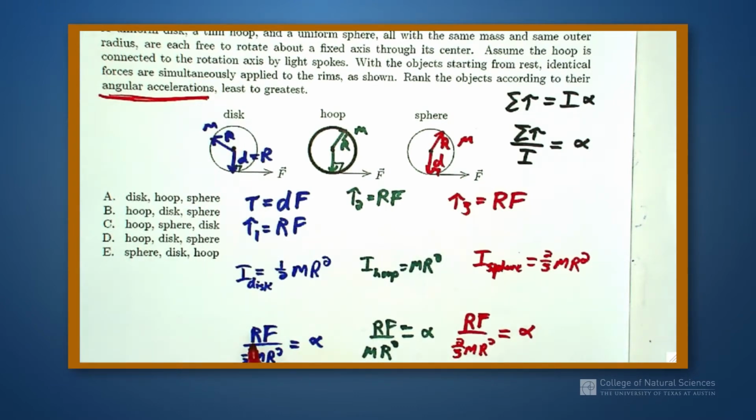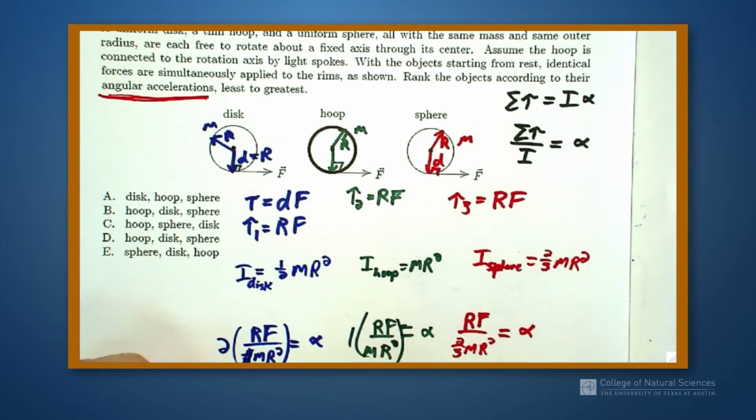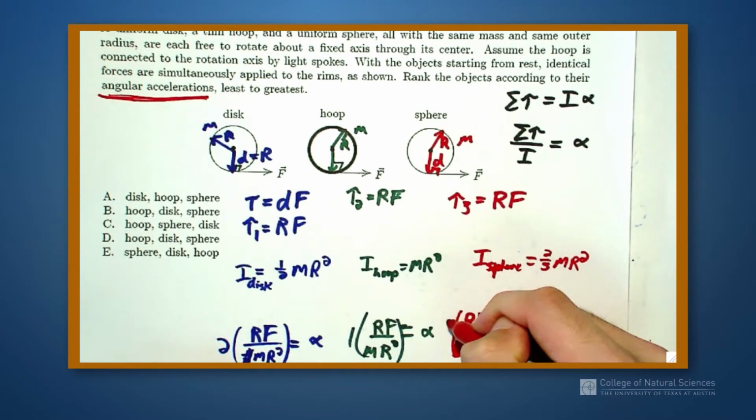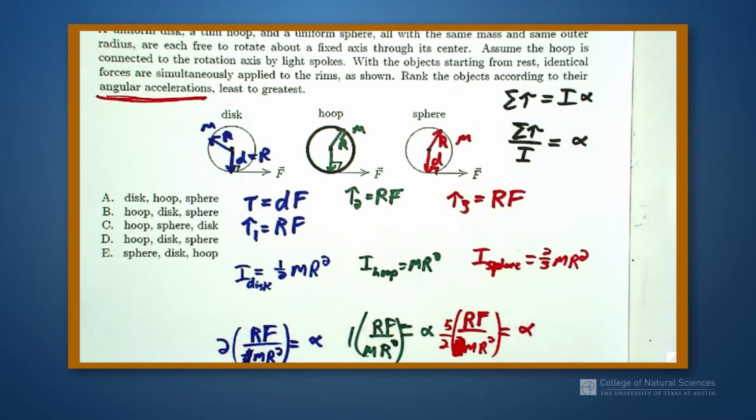Instead of writing 1/2, I can write it as a factor of 2 out front. The hoop has a factor of 1 out front. And the sphere case, rewriting that fraction, is going to be 5/2 out front. So 5/2 is the largest case. This is 2.5, this is 2, and this is 1.